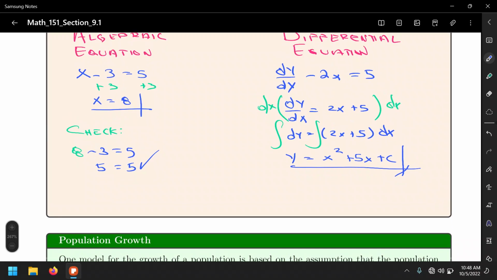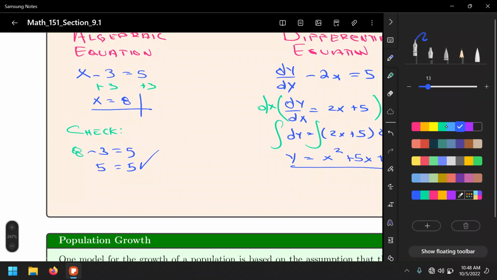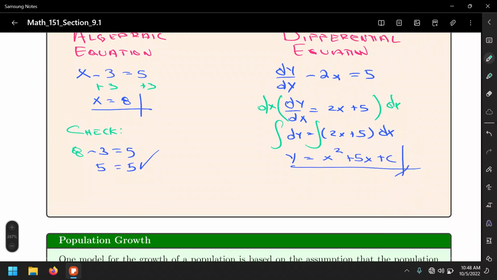Now let's check the equation. This equation is calling for the first derivative of the function, and the first derivative, dy/dx, equals 2x plus 5. The derivative of a constant is just 0.